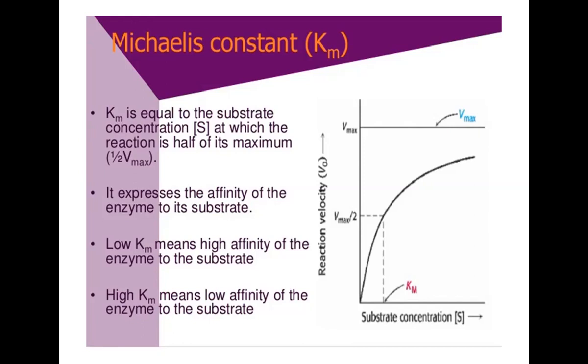In the lecture note, I will provide the derivation from where you will understand the equation pattern of the Michaelis-Menten equation or kinetics. We just have to remember that low Km means high affinity of the enzyme to the substrate, and high Km means low affinity of the enzyme to the substrate molecule.